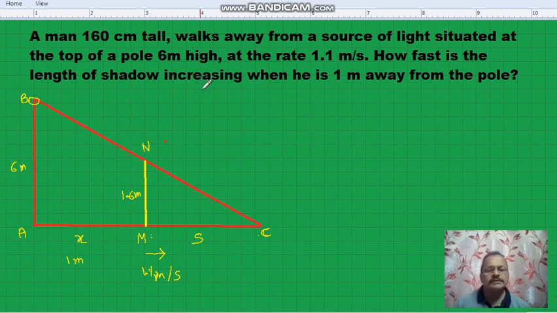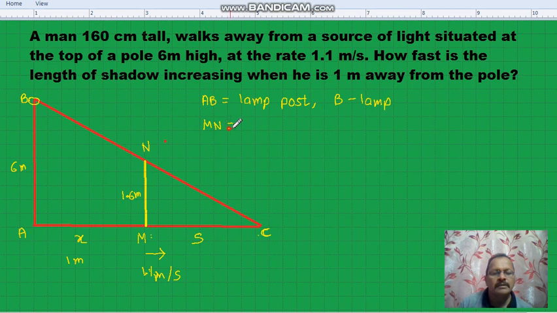Let us write this clearly. AB lamp post, B is lamp, MN is man at instant t.